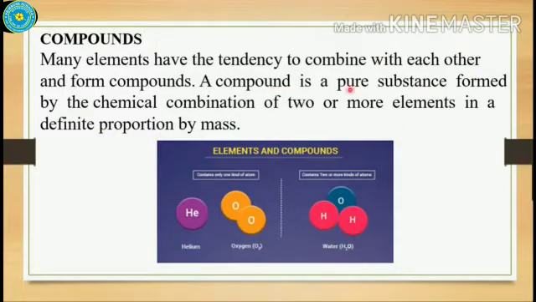Here we can see the water molecule, where the water molecule is formed by chemical combination of two or more elements. The elements present in the water molecule are hydrogen and oxygen.